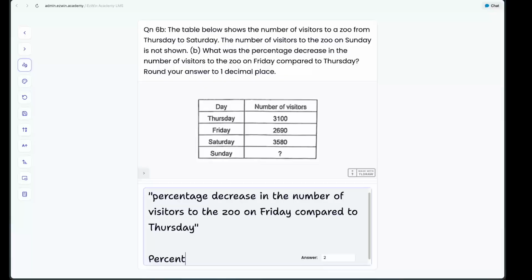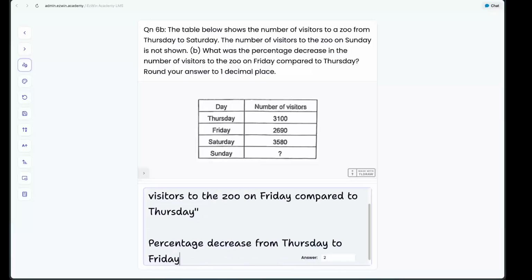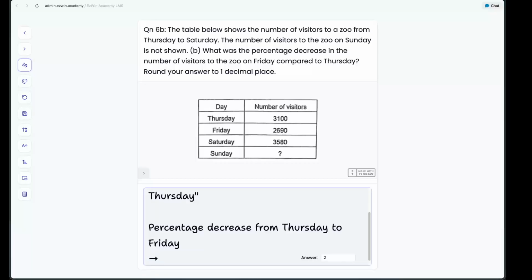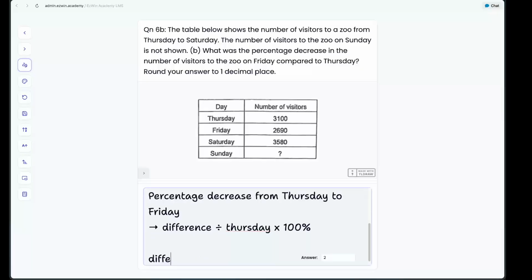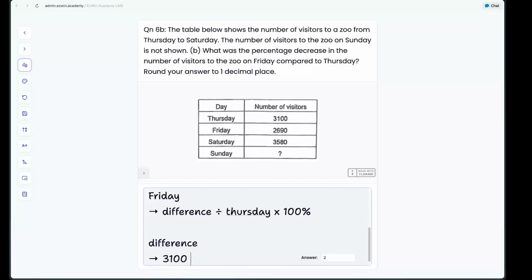So, percentage decrease from Thursday to Friday. We basically need to find the difference divided by Thursday, times 100%. The difference is essentially 3100 minus 2690, and this will give us 410.